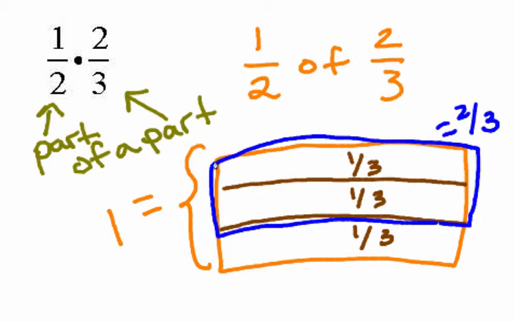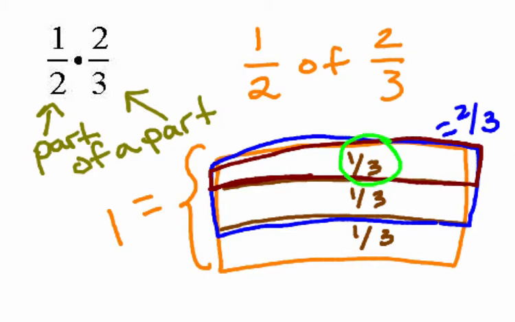So I want to take this blue section and I want to slice it in half. I just want half of the 2/3. Well, what's that? That's equal to 1/3. So our answer here is that 1/3 is half of 2/3. 1/3 is 1/2 times 2/3.